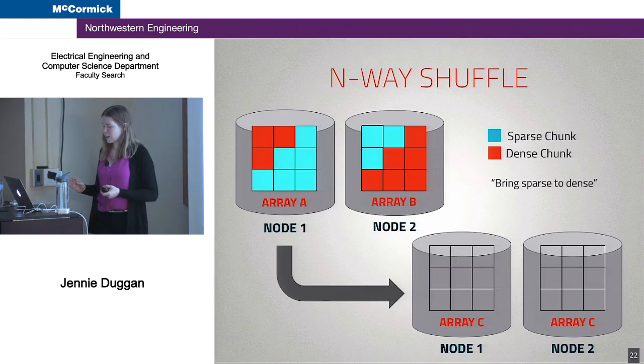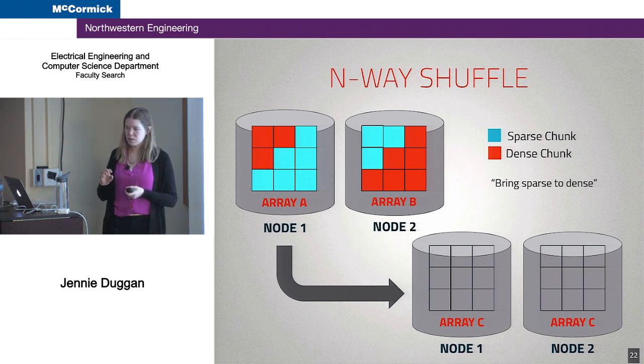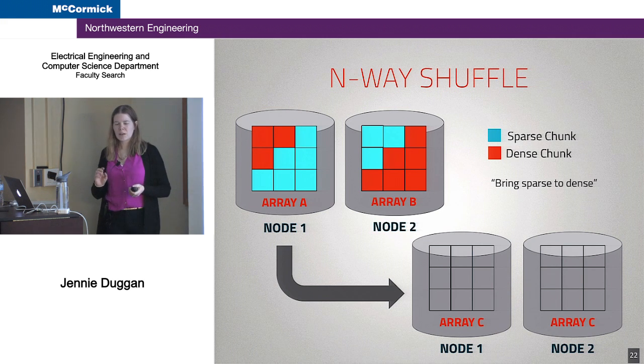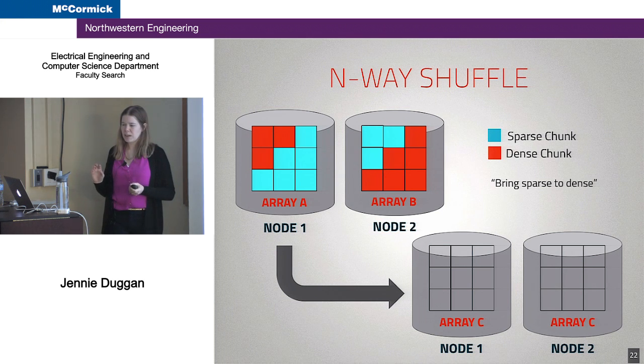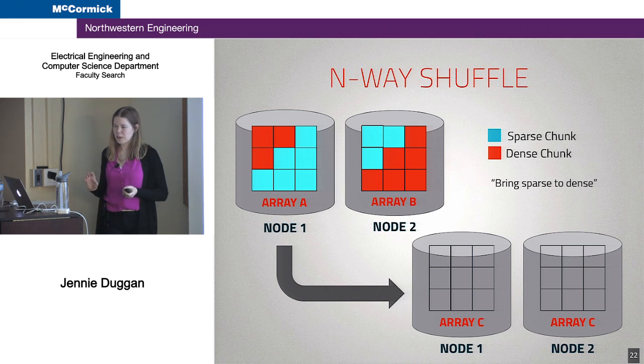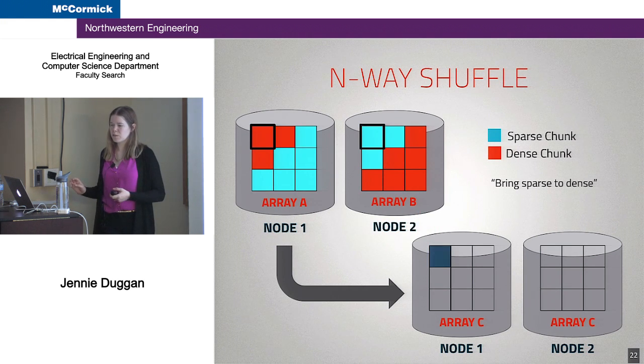Now, the n-way shuffle works as follows. This heuristic is bringing sparser data to its denser counterparts. So it minimizes the use of network bandwidth, primarily optimizing the first phase of the join. The way that this works is that SciDB has a storage manager, and this maintains the location of every chunk and how many cells are within it. So we iterate over each chunk and identify the one which has the smaller number of cells.